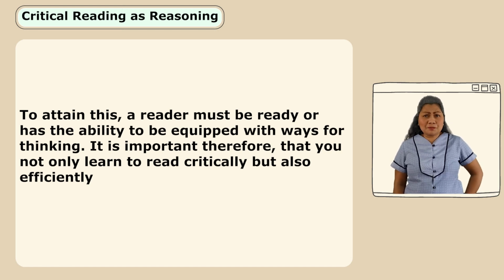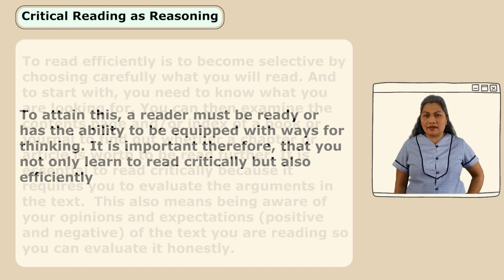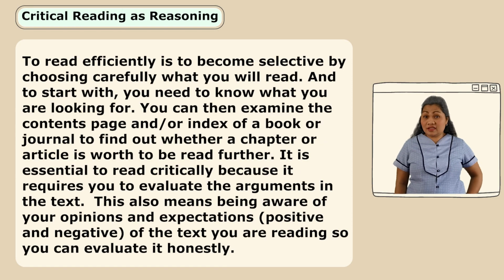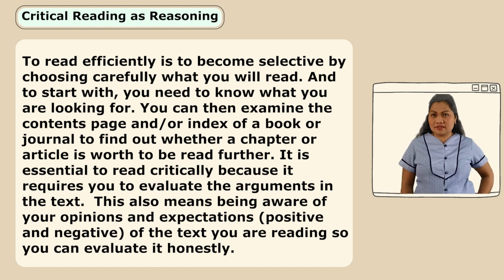So it is important, therefore, that you should not only learn to read critically, but also efficiently. To read efficiently is to become selective by choosing carefully what you will read. To start with, you need to know what you are looking for.